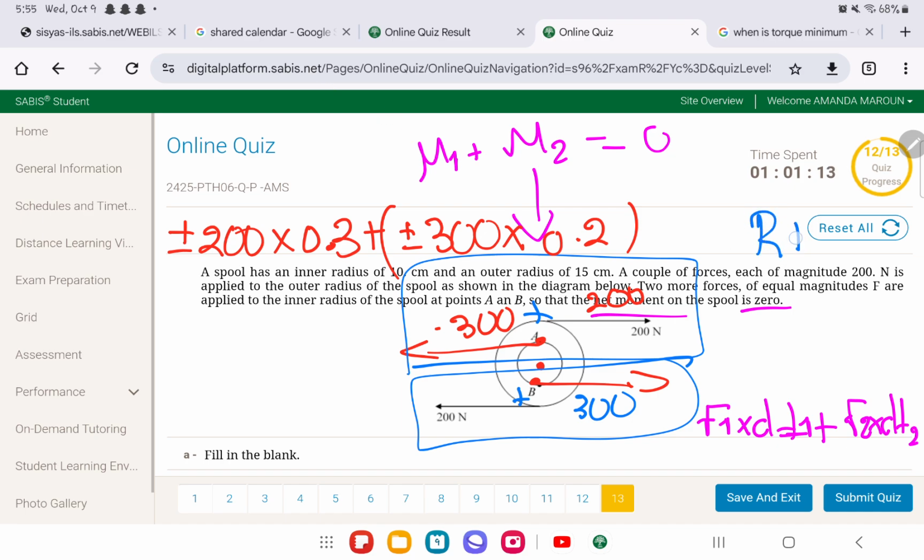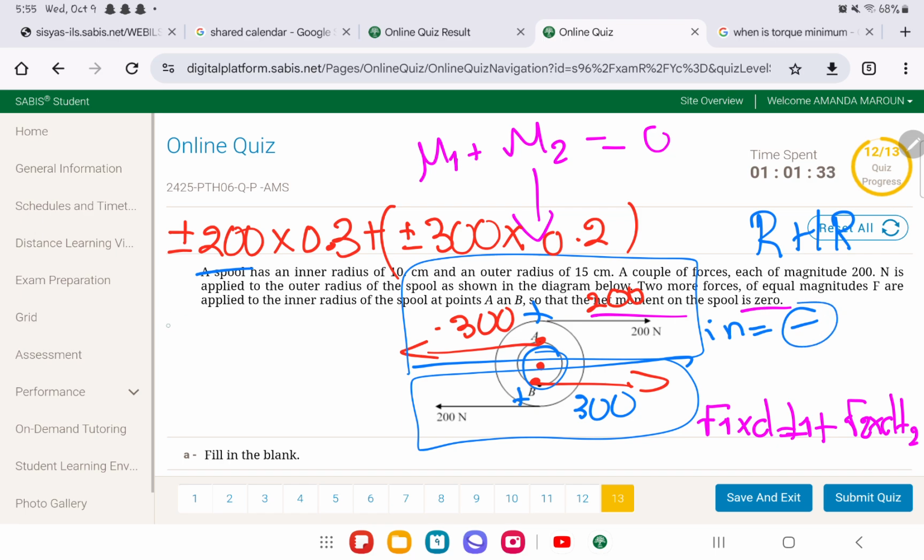Now let's see, is it plus or minus? Using the right hand rule, okay, we would put our right hand, for example, on force 1, which is 200, and our palm has to be facing towards our axis over here. We are going to get that it is inward, and since it is inward, it is negative.